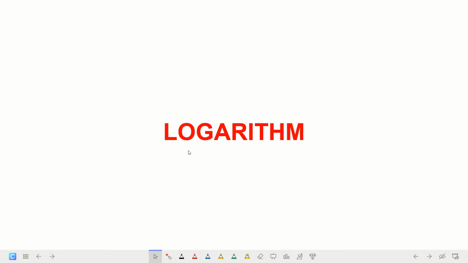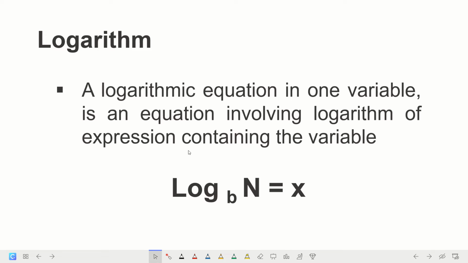So therefore, instead of solving for x through exponential equations, we can use logarithm to solve for the value of x. So logarithm or the logarithmic equation in one variable is an equation involving logarithm of expression. So dito, sabi dito, logarithmic equation is an equation involving logarithmic expression.